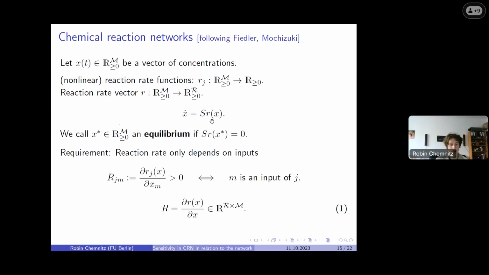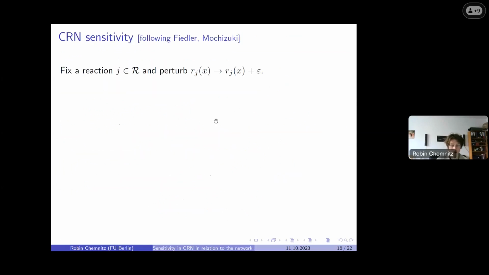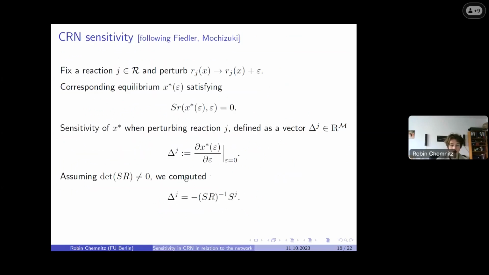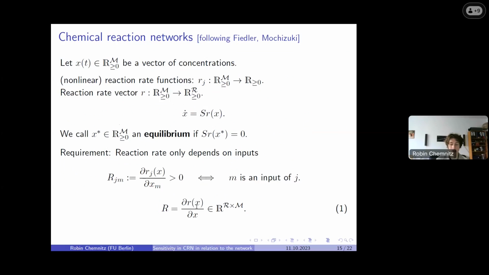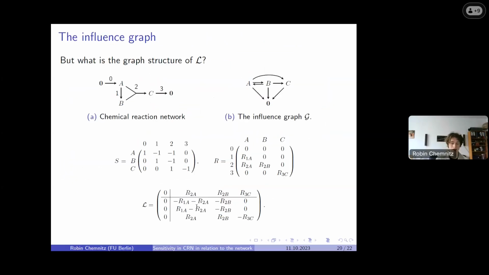And note that these nonlinear reaction rates never actually occur from this point on, because here we just have this capital R, which are just the derivatives, so how the reaction rate changes when I change the metabolite. So when I say that we will need very large weights in this graph, then we will need very steep changes in the reaction rates.